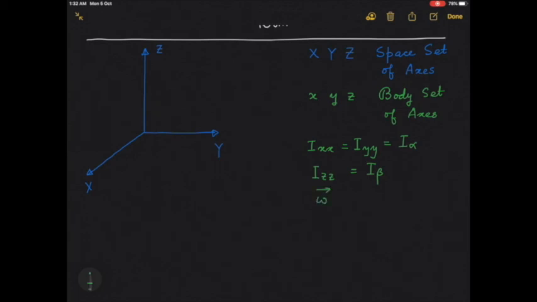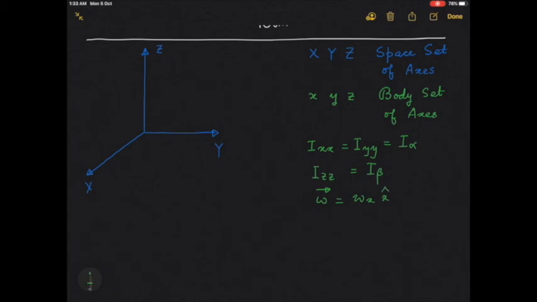So the angular momentum omega, I can write it in terms of my body set of axis as omega x x cap.